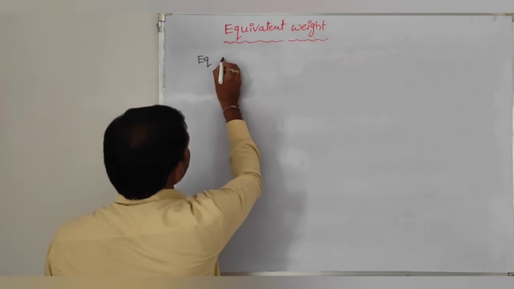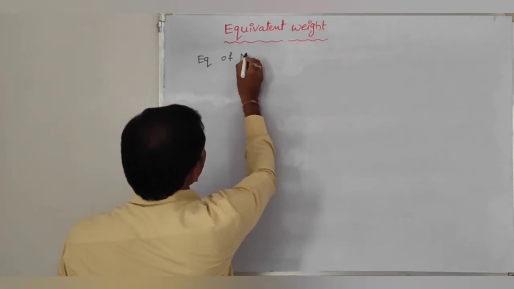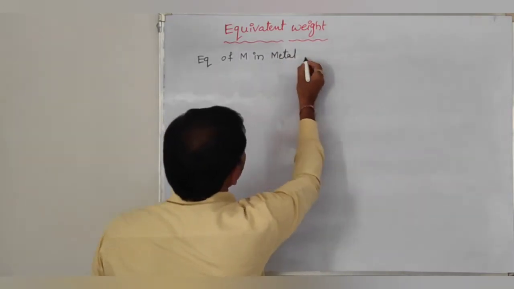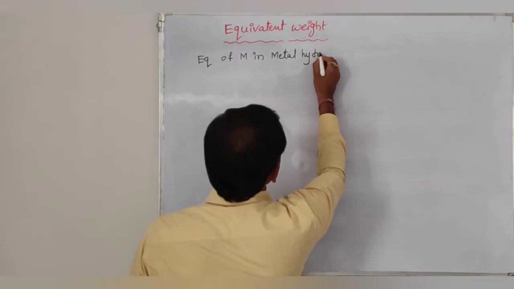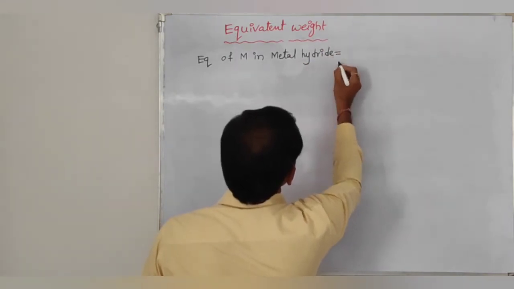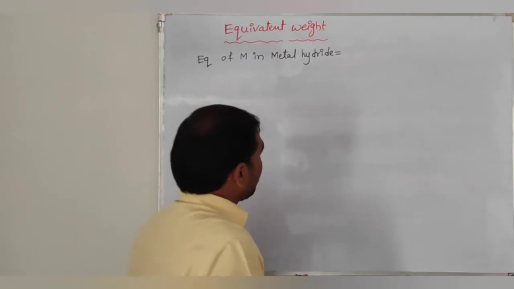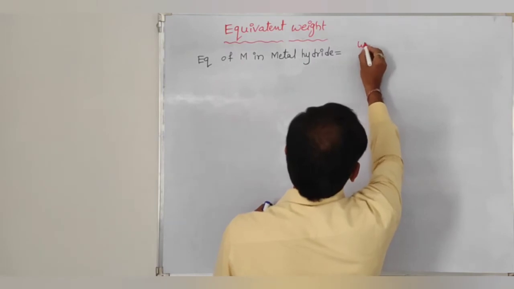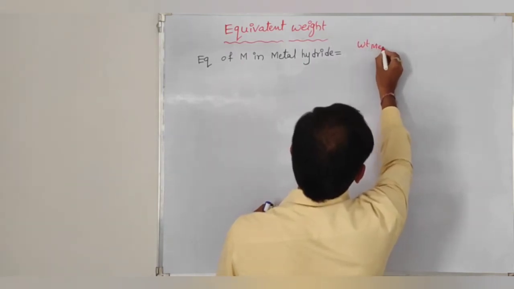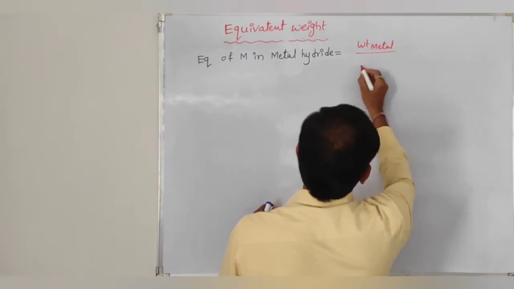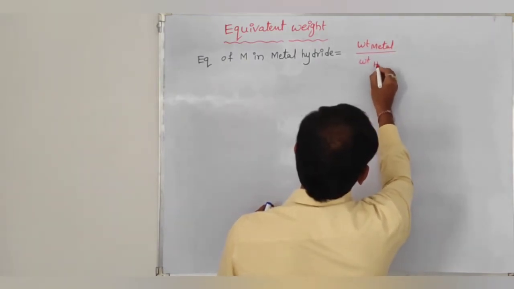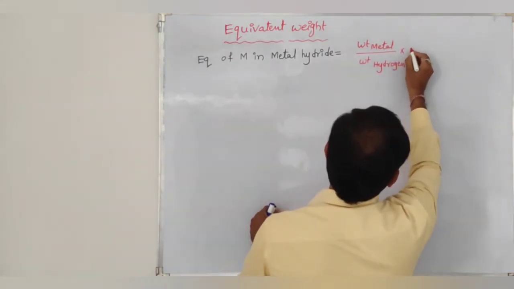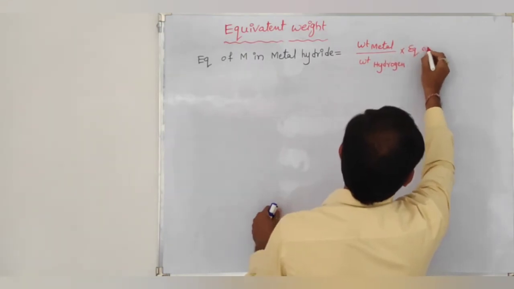Equivalent weight of metal in metal hydrides is equal to, so this is important, weight of metal divided by weight of hydrogen into equivalent weight of hydrogen.